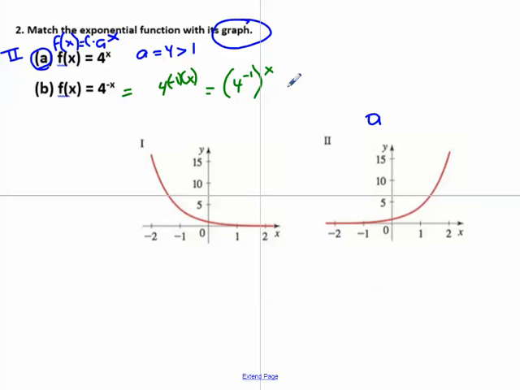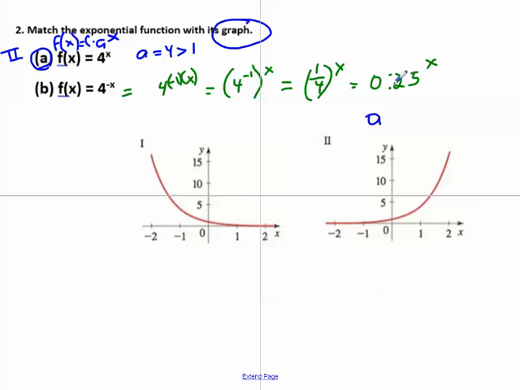But we're moving backwards to separate and conquer, because we're used to having our variable as just x, not as negative x. So we can change it to x by pulling that negative 1 in, and then 4 to the negative 1 power is 1 over 4 to the x power, which equals 0.25 to the x power.